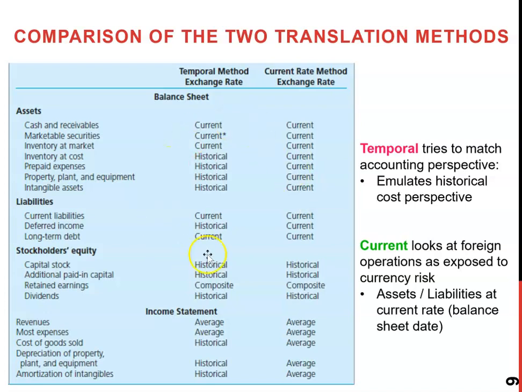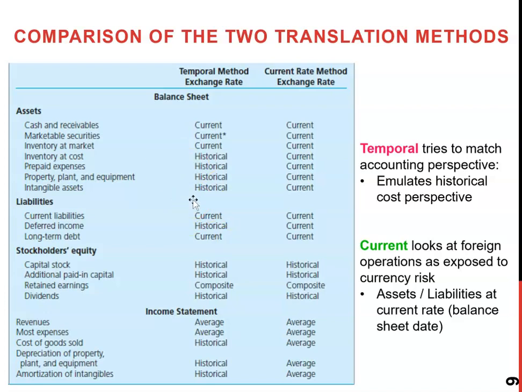On the other hand, the temporal method is a combination. For more liquid or current assets, we use the current rates. For current liabilities, we use the current rate, even for long-term debt. But for the other assets, especially intangibles, plant, property and equipment, long-term assets, and deferred income, we use the historical rates.